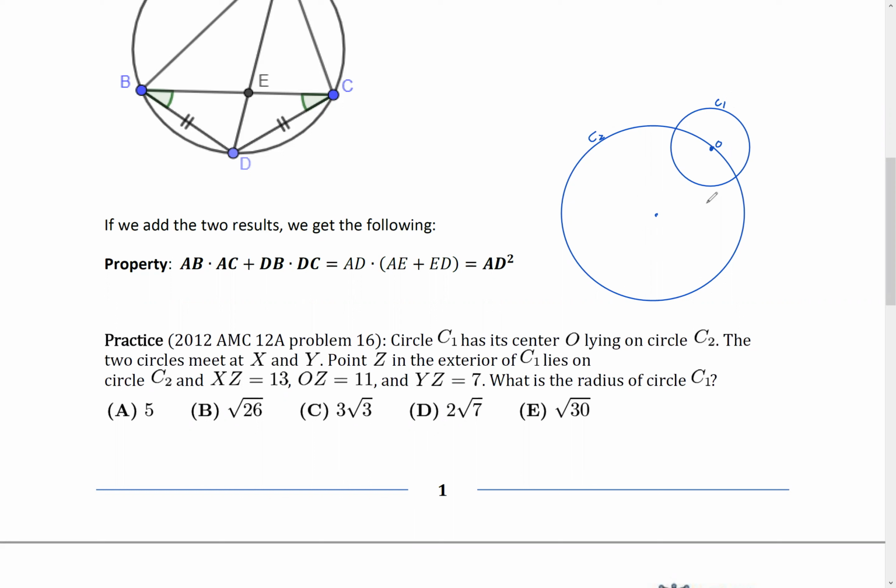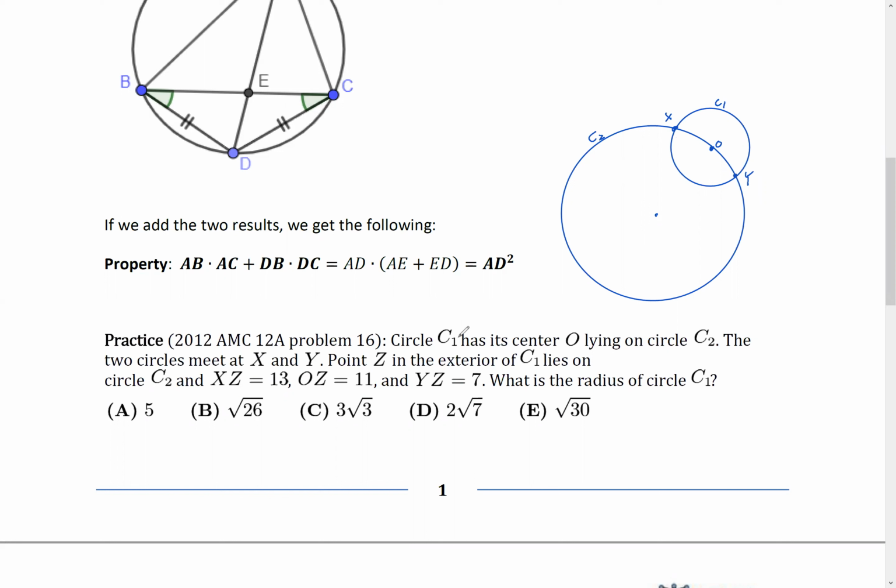The two circles meet at X and Y. And again, if you are watching this video, I suppose that you should freeze it and spend a couple of minutes trying to solve it on your own. Most of the time, the geometry problem does not have a graph, and we supposedly have to draw it ourselves. Let's draw the proper graph.